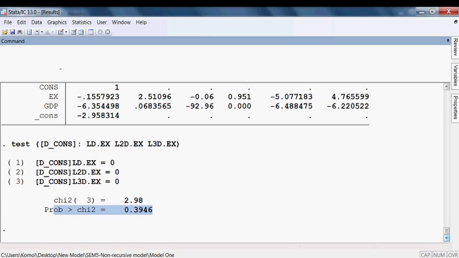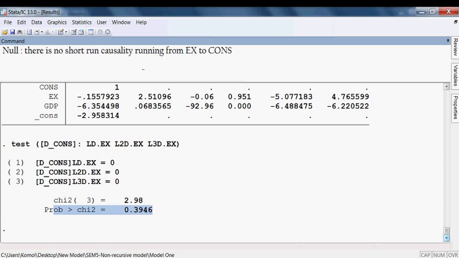Okay, and here the null hypothesis is there is no short run causality running from EX to cons, right? That is our dependent variable. That is the null hypothesis, right?